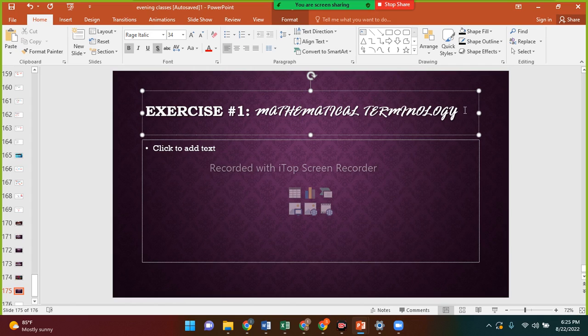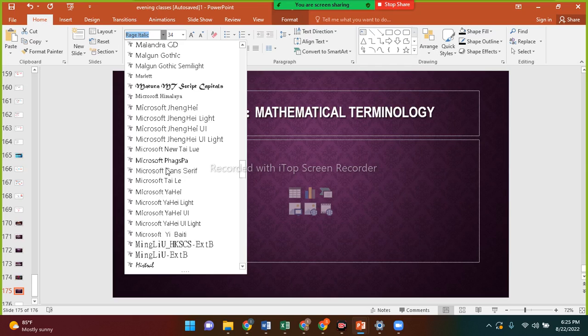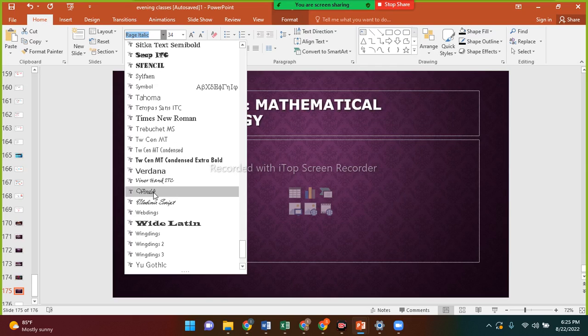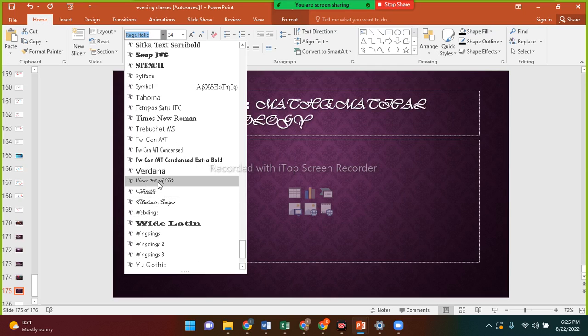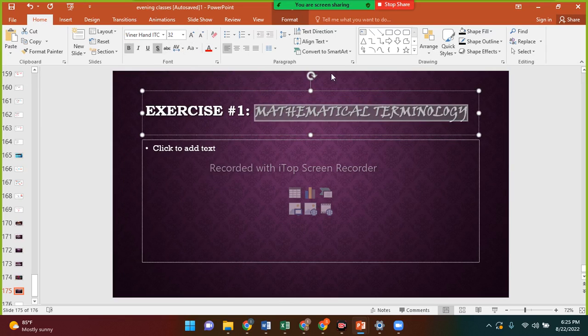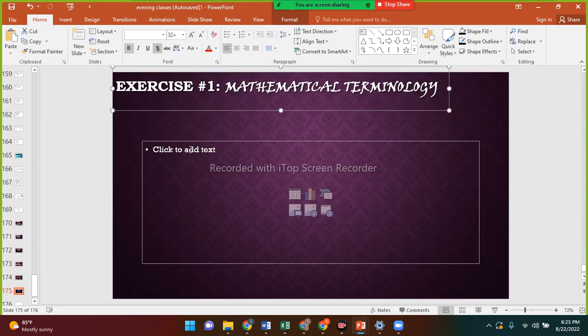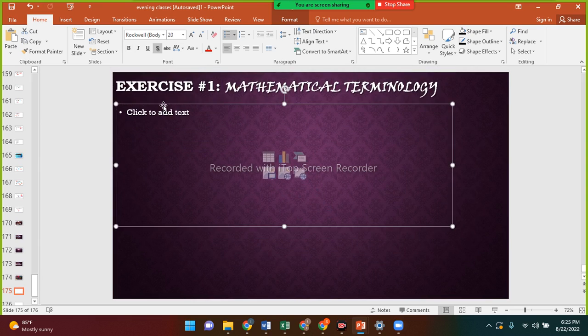We're looking at mathematical terminology. So I don't like that font at all. It's something that's understandable. All right, so let's do this.